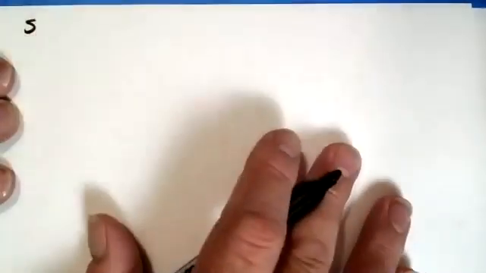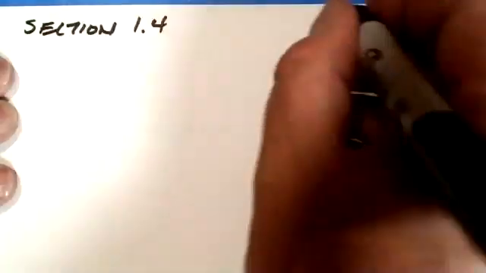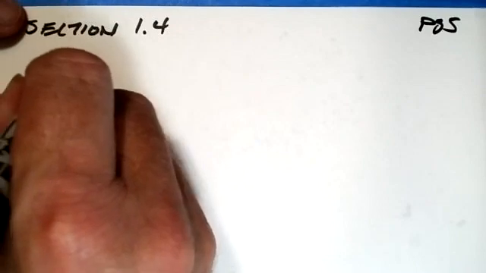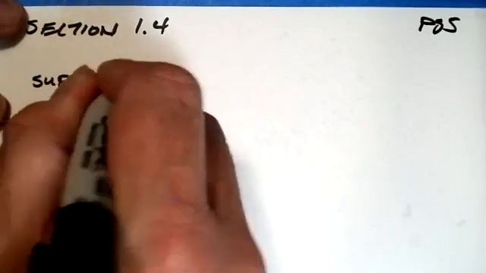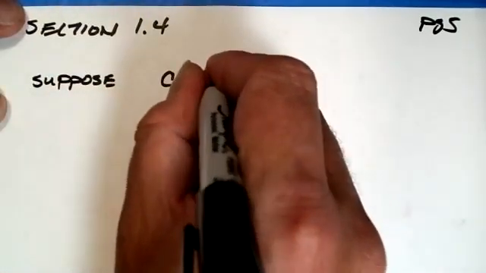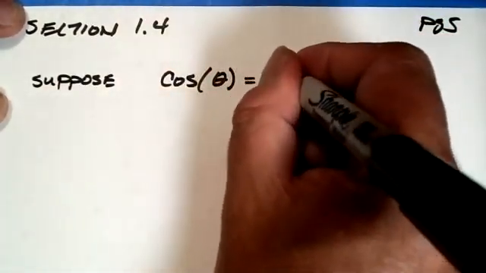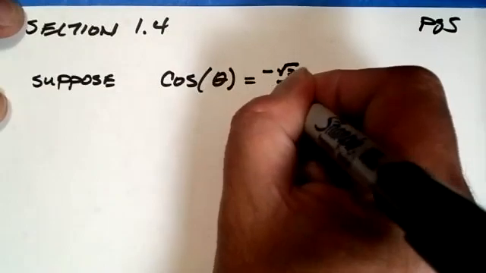So this is section 1.4, I believe we're now on page 5. So suppose cosine of some angle is equal to negative root 2 over 3.